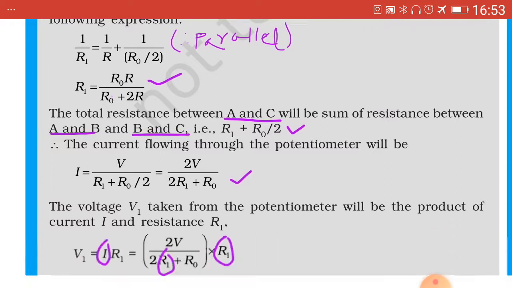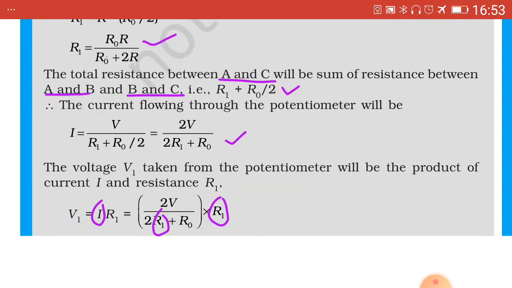Now we want to calculate voltage V1. So V1 will be equal to IR1, because we have V equal to IR from Ohm's law. So now substituting the value of I from the above equation, which is equal to 2V upon 2R1 plus R0, which we have written in bracket, into again R1.